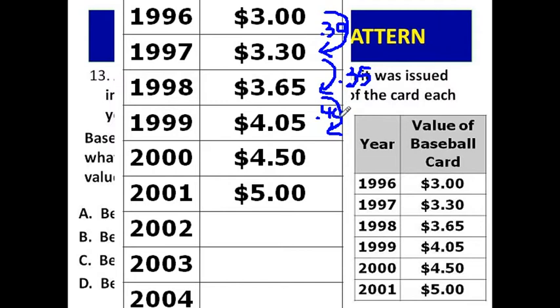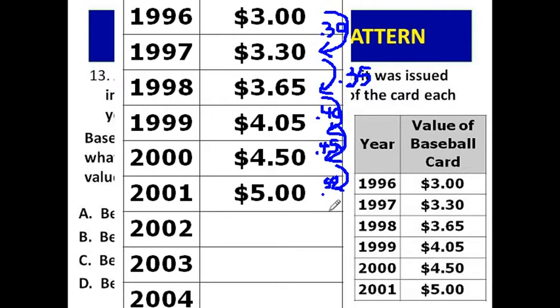I'm starting to see a pattern here. From this year to this year, that increased by 45 cents. From 2000 to 2001, that increased by 50 cents. Okay, so now I know what my pattern is. The value of the card is increasing by 5 cents each year.